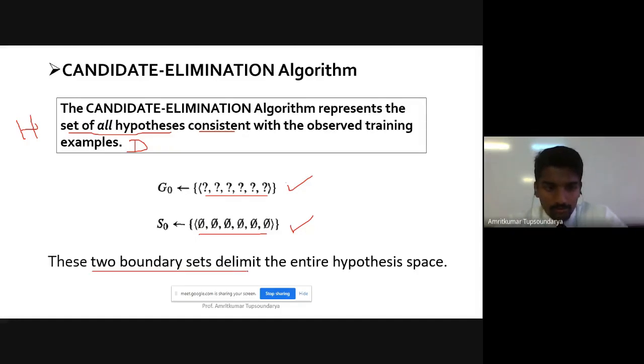So we will first define the two boundary sets. Now these two boundary sets, that is G naught and S naught, are our delimiters, you can say, right? They set our limits for the entire hypothesis space, the whole set of hypotheses that we have.